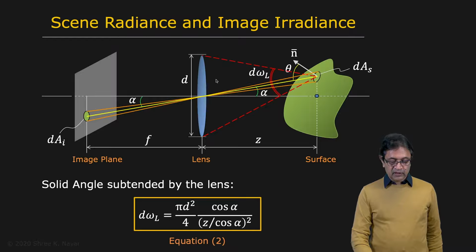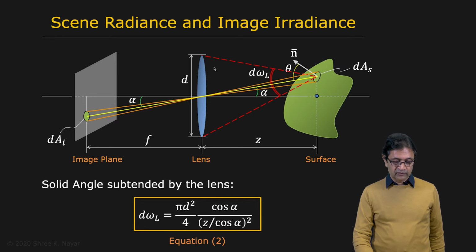So this solid angle is the area of the lens, which is pi d squared divided by 4, times cosine alpha, that's the foreshortened area of the lens, divided by this distance squared, which is z divided by cosine alpha squared.